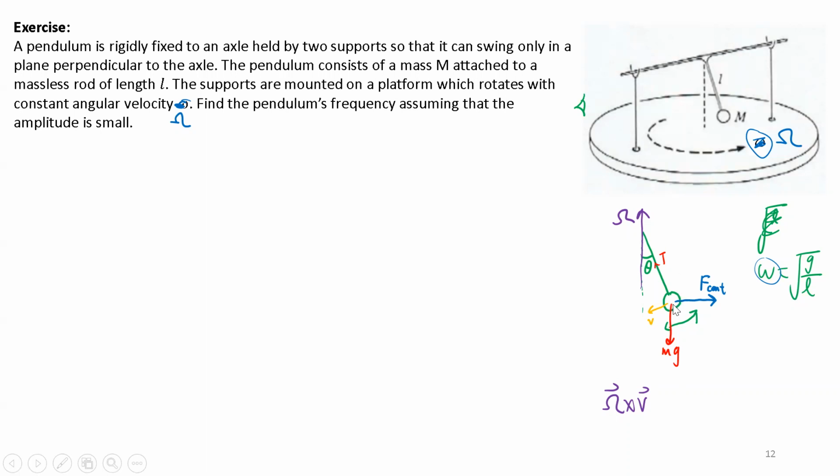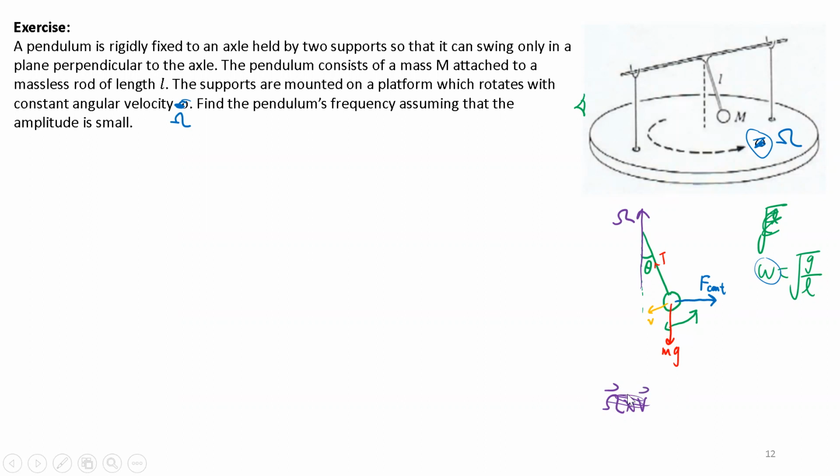Even though I always may have a Coriolis force that is pointing away from the plane, the motion of the ball is still along the plane only, due to the original setup where we have a constraint. Therefore, even though we have Coriolis force, we don't need to worry about that. It's there, it's just out of the page.